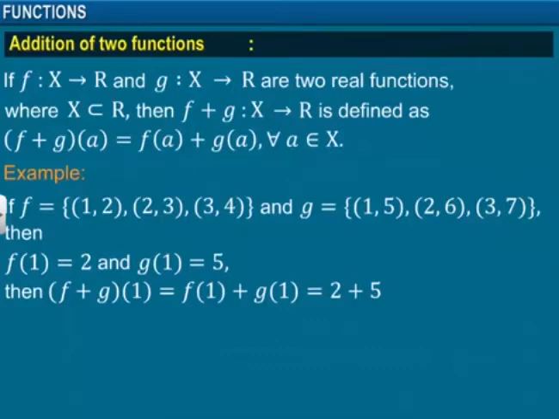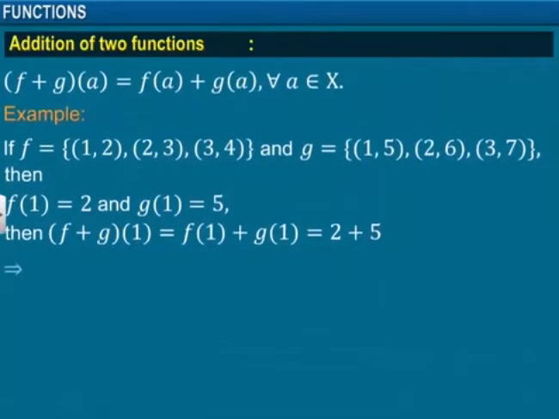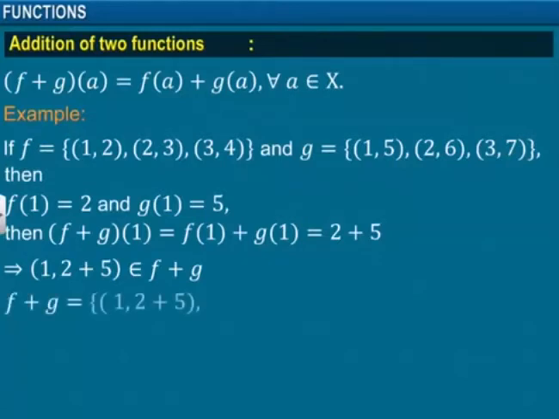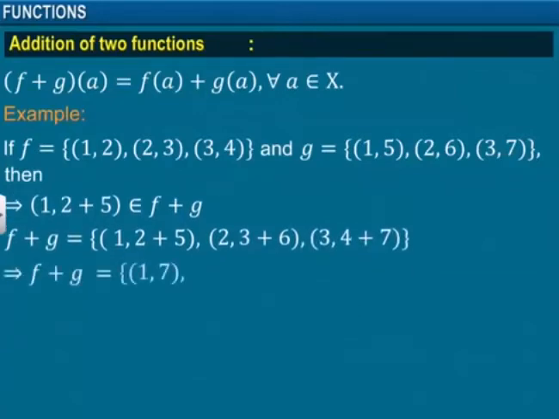This implies that the ordered pair (1, 2 plus 5) belongs to set f plus g. Similarly, you can get two more ordered pairs. Hence, f plus g has three ordered pairs: (1, 7), (2, 9), and (3, 11).